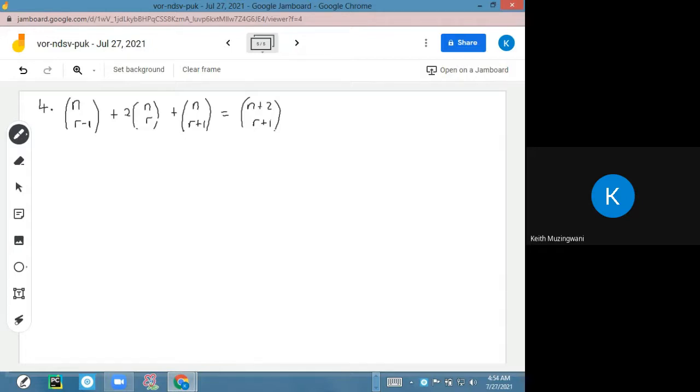Show that this is equal to that. You can't even start with the right hand side. It has done nothing for us. The only thing which looks like it's a culprit is the left hand side.